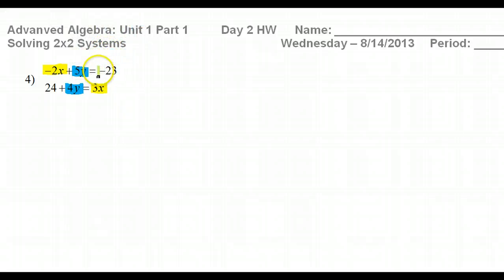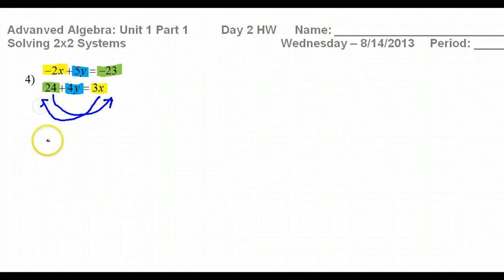But as well, the constants, those should be lined up. So we need to get the green ones over here together, the constants. We need to get the x terms together. They should all be lined up. So basically what you hear me saying is this needs to come over here, and this needs to go over there.